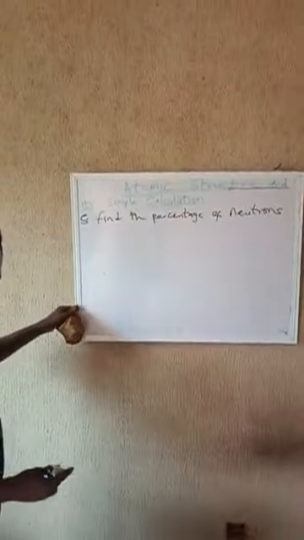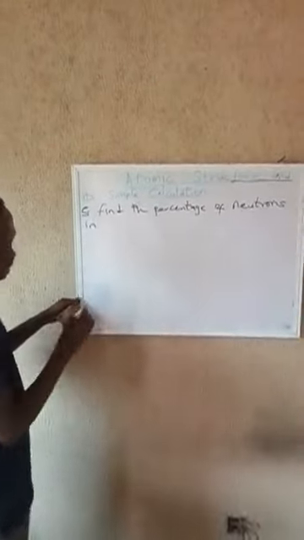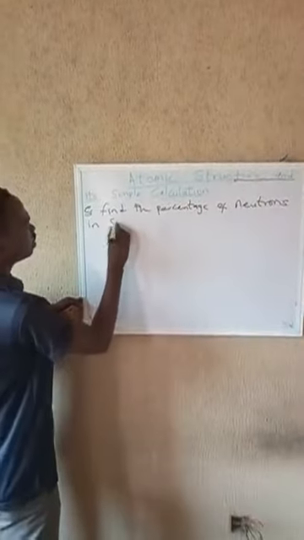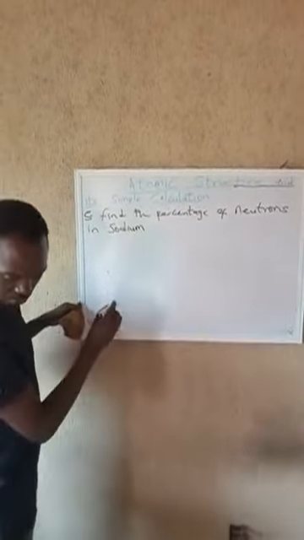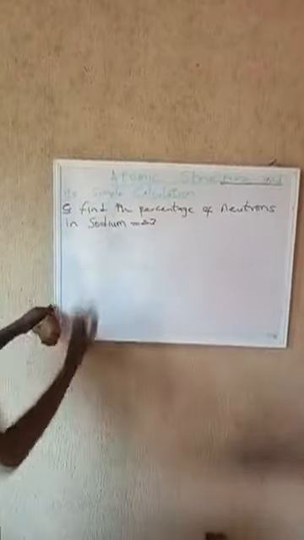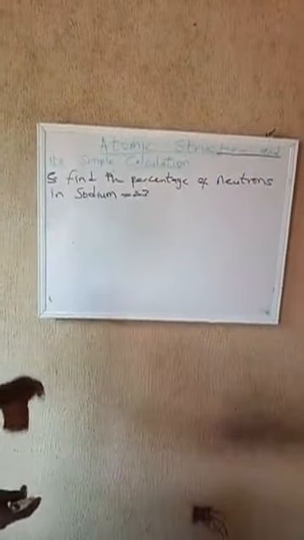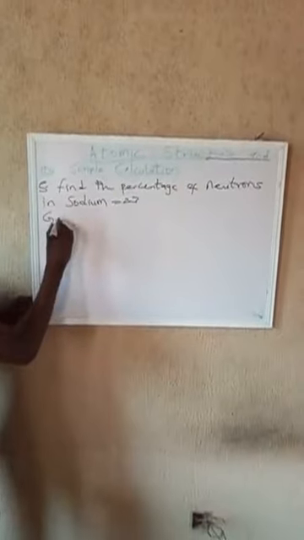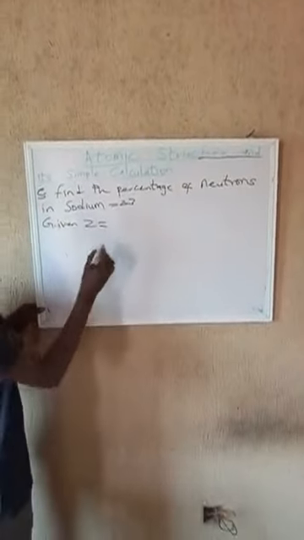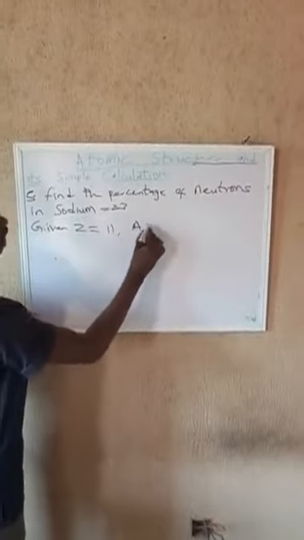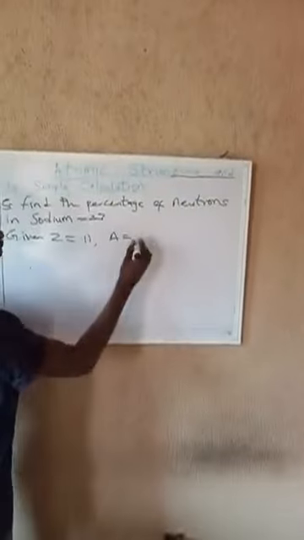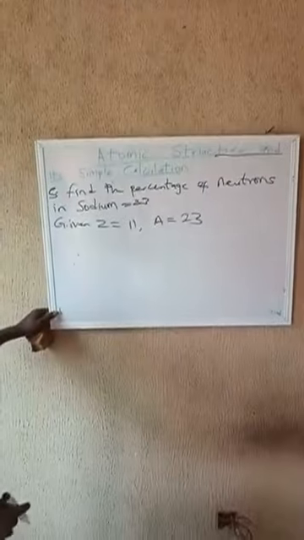Find the percentage of neutron in sodium, given the atomic number is 11 and the mass number is 23.